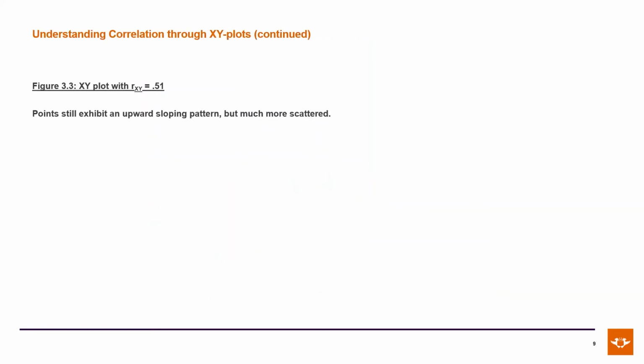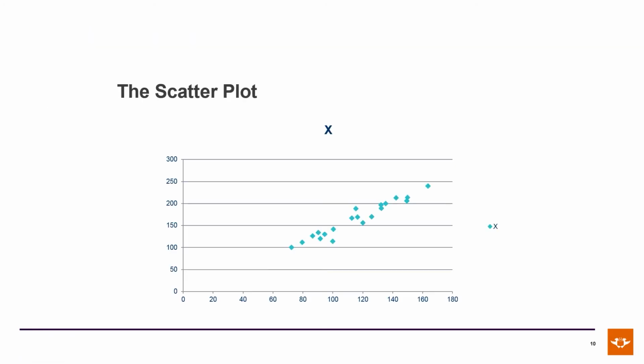Here's a scatter plot that reflects output that's a lot closer. So this will definitely give you a stronger correlation coefficient, and this will give you a perfect correlation coefficient. You can see there's no outliers, they move up in unison.